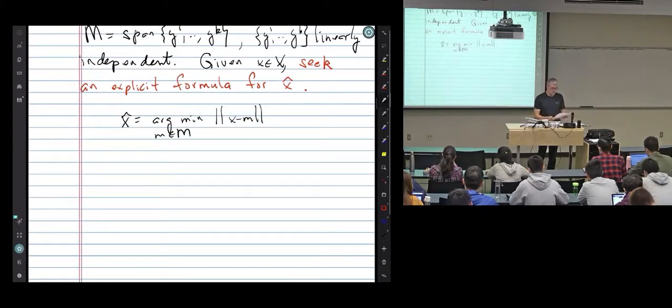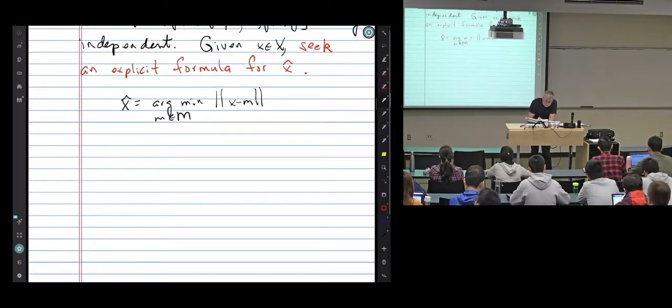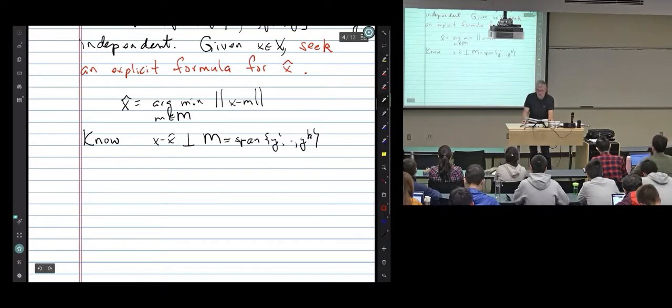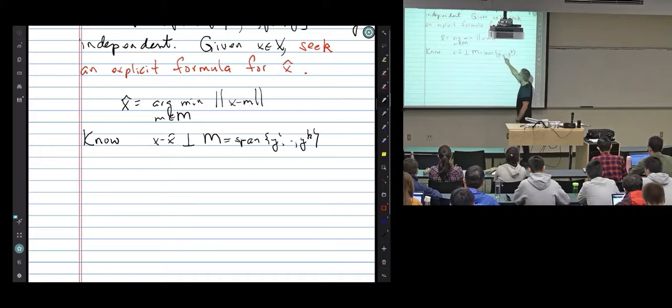We know x minus x hat is orthogonal to M. So M is spanned by these basis vectors. We've got a finite representation of M.